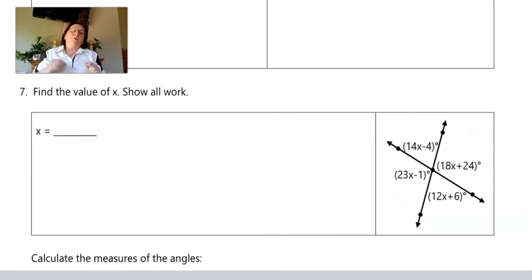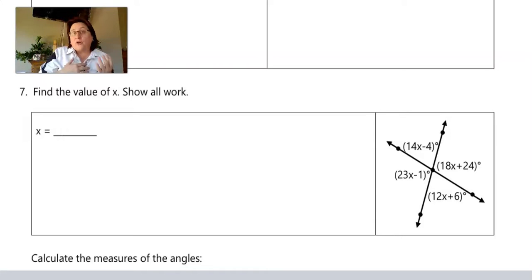On number 7, it says find the value of x, and we've got this picture over here. We only have one variable, x, but I've got x in every single expression. So what should we do? In an instance like this, you get to choose which angle relationship makes the best sense for you to solve.